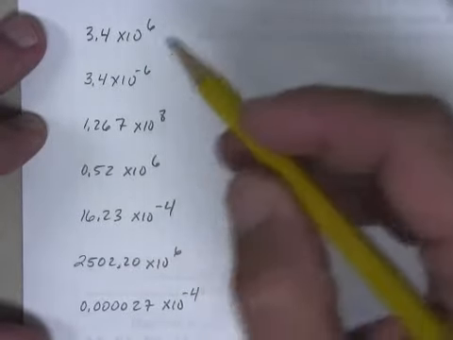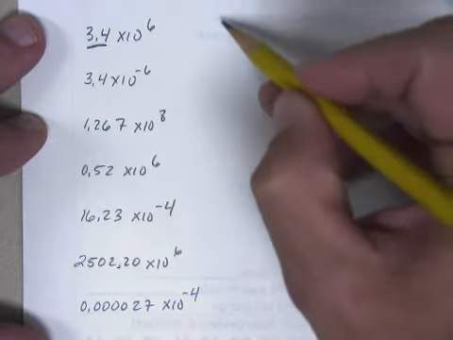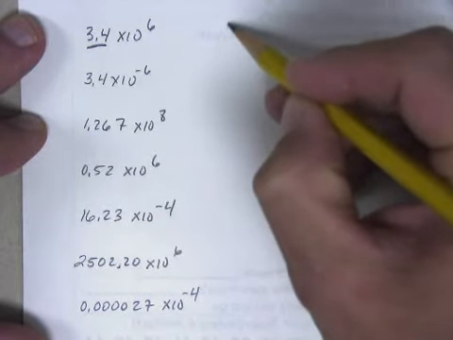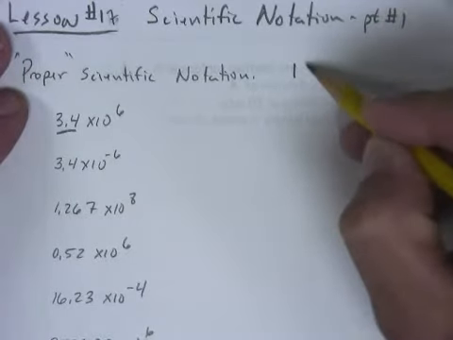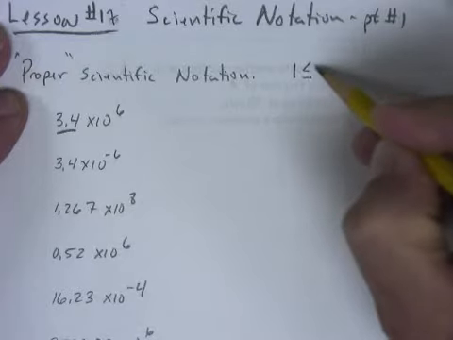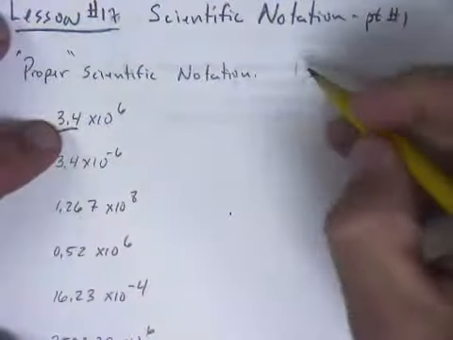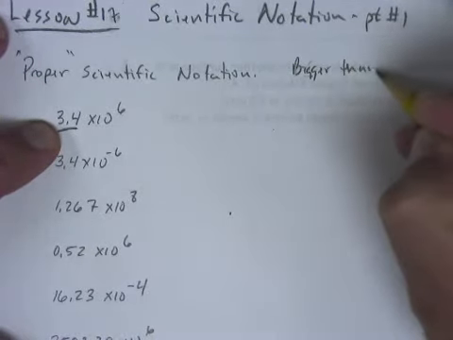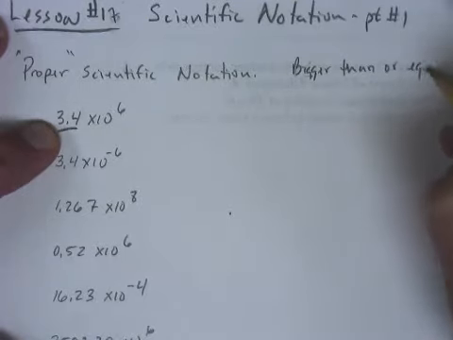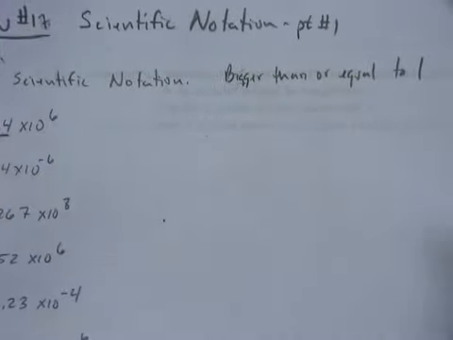Proper scientific notation means that the number that sits out in front has to be greater than or equal to 1. So that's not a real good way of saying it. The number out in front has to be bigger than or equal to 1.